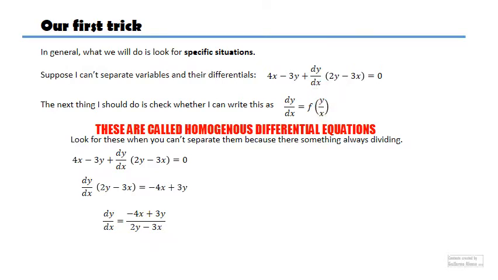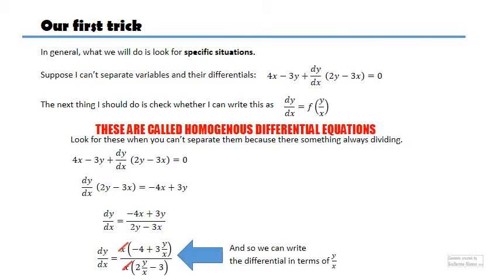All I have to do is factorize, and this is what you're going to end up with. If I factorize the x, I end up with this expression. Now, the x's cancel out, and hence I have my differential, the dy over dx, in terms of y over x. That's exactly what I needed. That's exactly what my definition was telling me to go for. So once I have this, I solve it. Now, how do I solve it? Let's take a look at it.